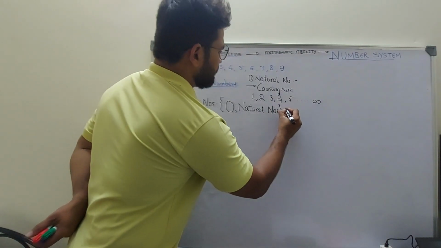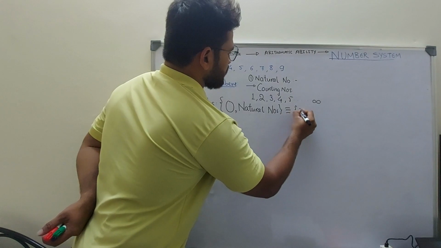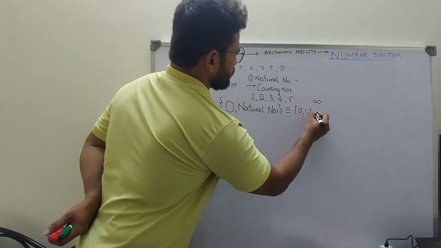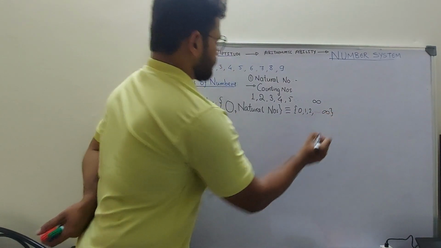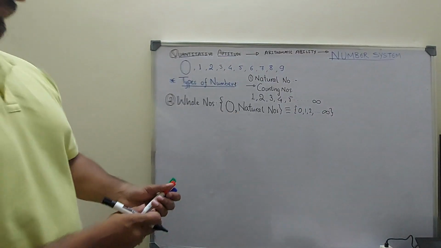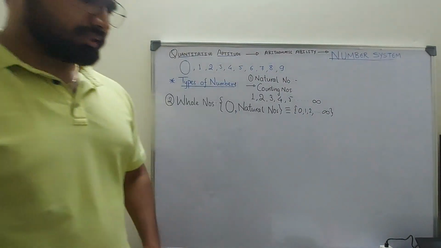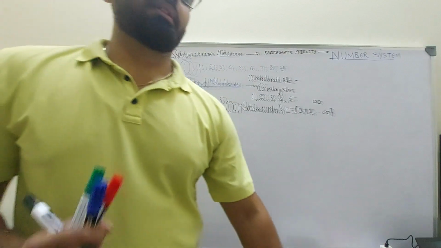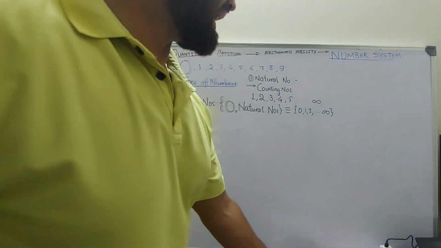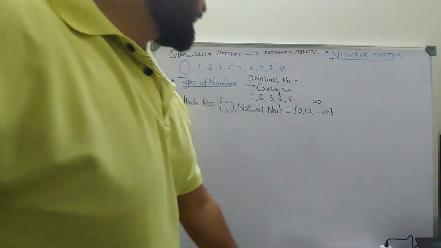So this is nothing but 0, 1, 2, and so on. Isn't it correct? So these are whole numbers. It is basic, it is simple, as simple as possible I am making.